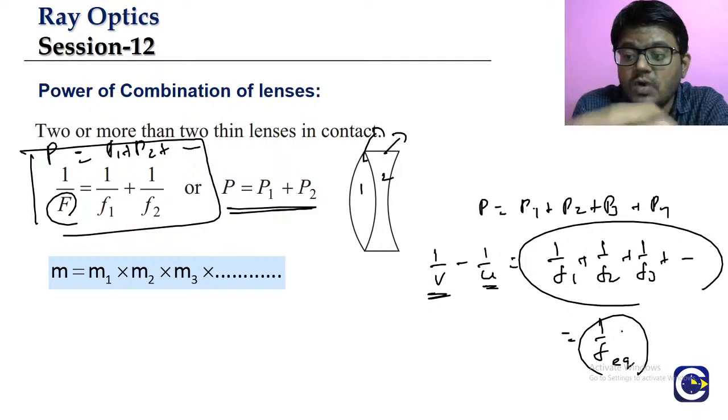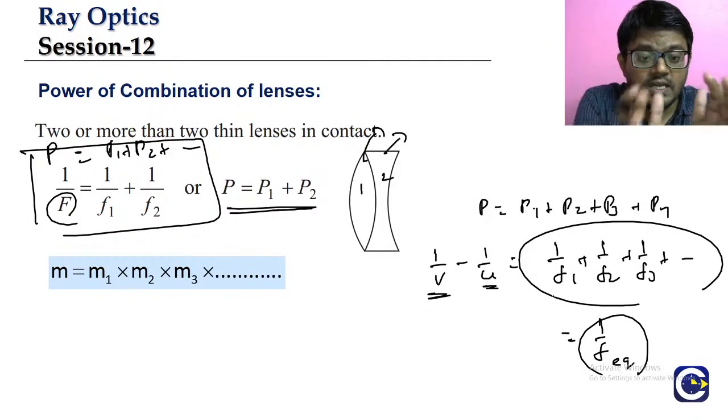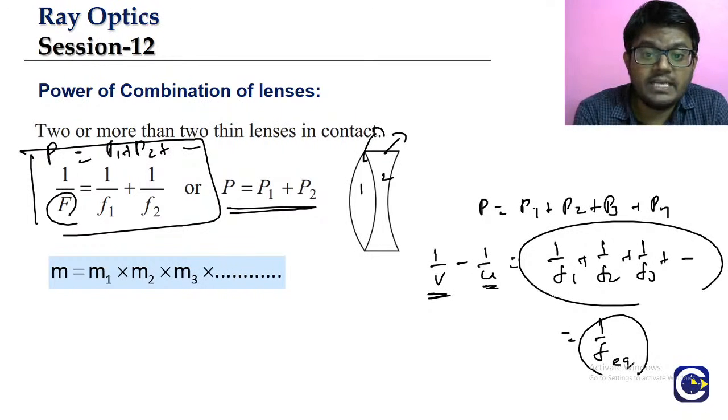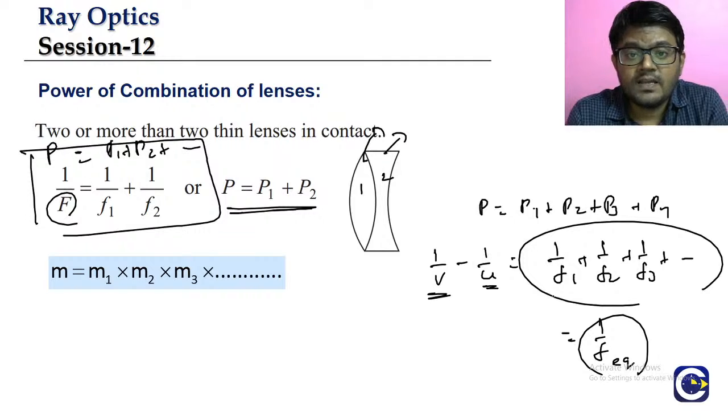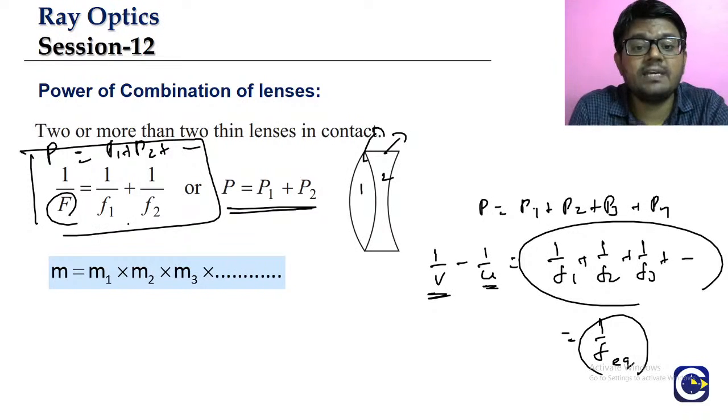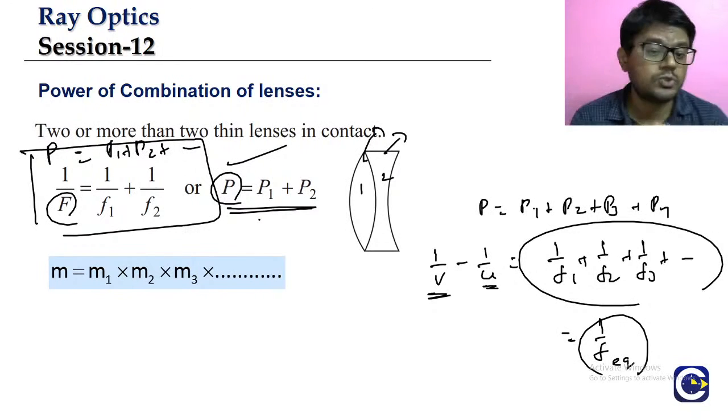This term is what we call 1 by F equivalent. If you want to replace the combination with a single lens, this F equivalent is the focal length the lens should have. The power of that equivalent lens will be P1 plus P2 plus P3 and so on.